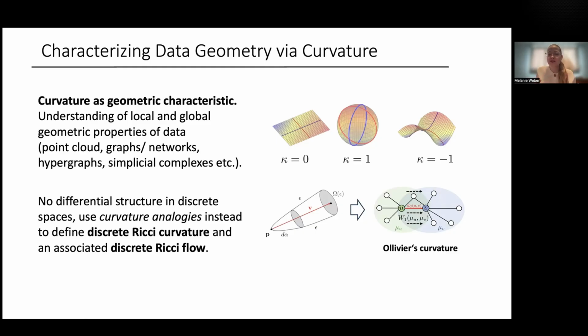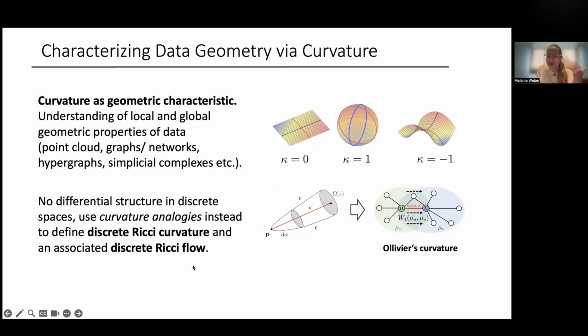Now, unfortunately, in the discrete setting, we don't have a natural differential structure. So this means we can't map one-to-one the definition from the continuous setting. We need alternative discrete notions.